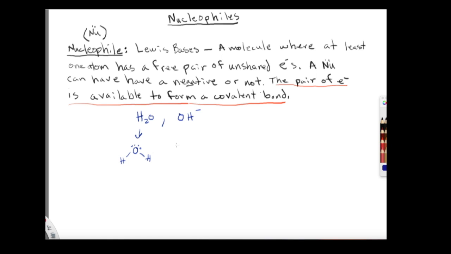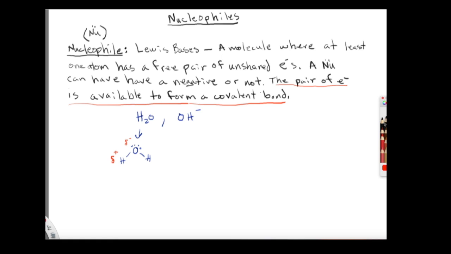And in terms of the molecule itself, because of the electronegativity difference between oxygen and hydrogen, the oxygen carries a partial negative charge and the hydrogen carries a partial positive charge.